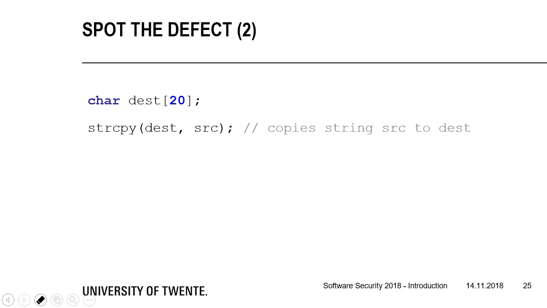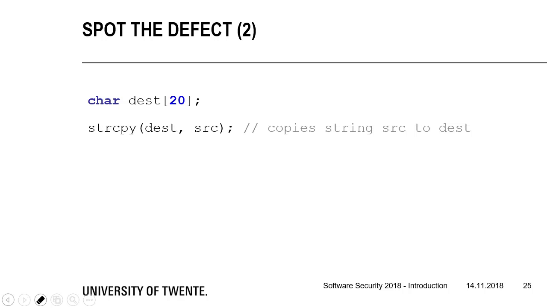I have another C program, for example, this one. Try to find out what it does and where the defect is. If the slash zero is not at the end of dest, then string copy might continue.